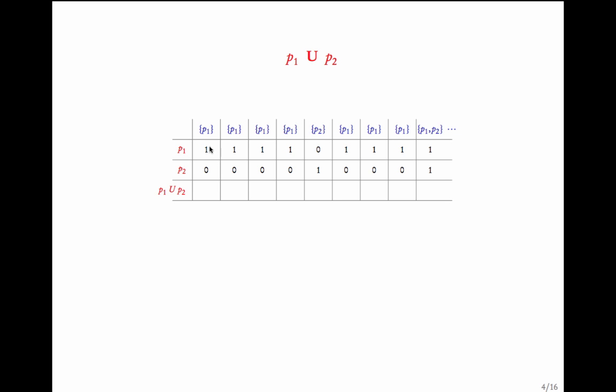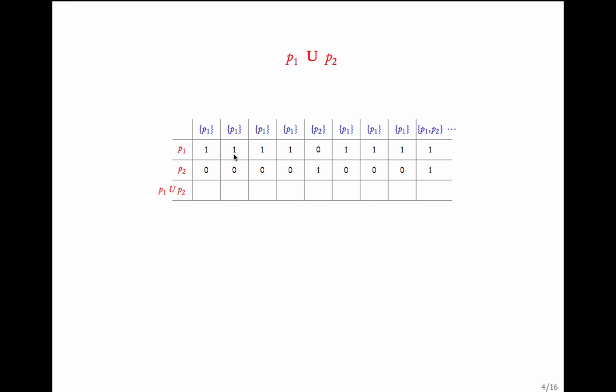P1 and P2, it's simple. At any position, find whether P1 is present. If so, then the entry here would be 1. Otherwise, it will be 0. So in this word, the first letter is P1, so P1 is true here. P2 is not present in the first letter, so it's 0 here.